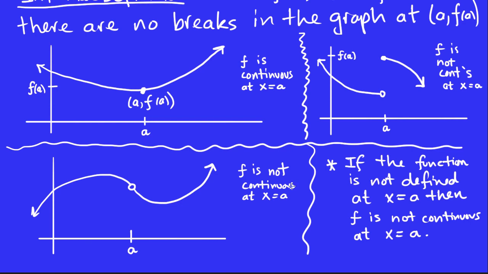What I want to do in the next video is actually give a more precise definition using limits. And that's the real way of proving things are continuous or not. But I wanted to start off just by giving these informal examples. And really, if you understand how these examples work, you're going to have a really good idea of what continuity means in general.